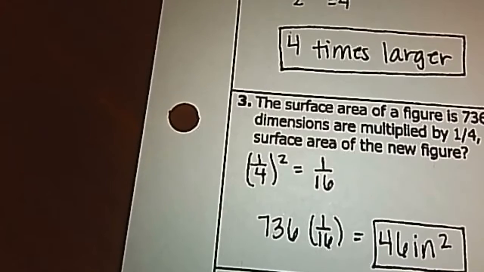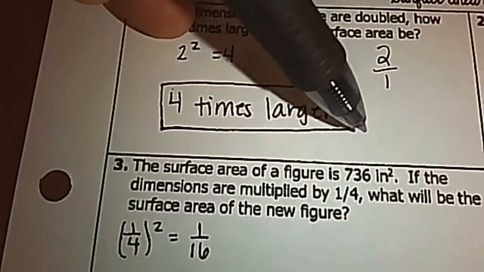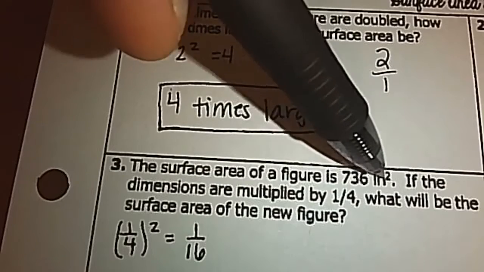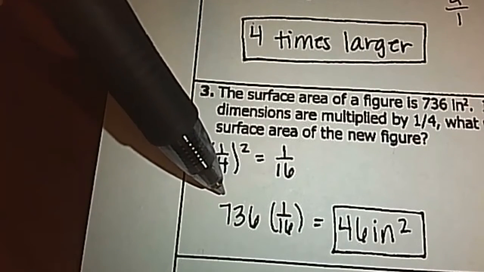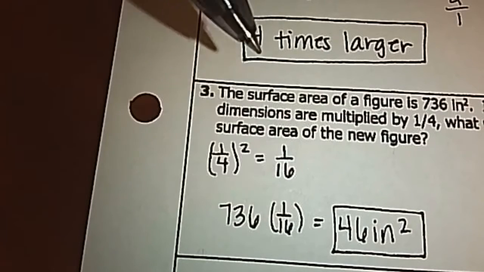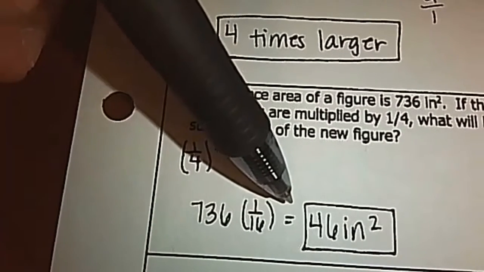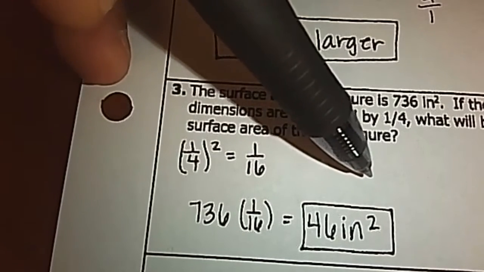So you take that 16 and the surface area you are given and multiply it: 736 times 1/16. When you multiply that out, basically you're dividing 736 by 16.